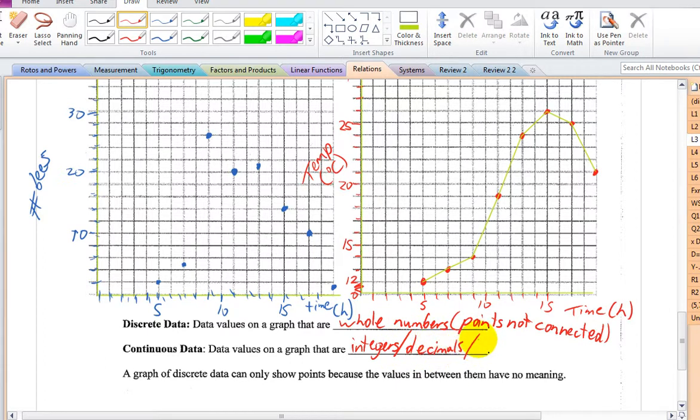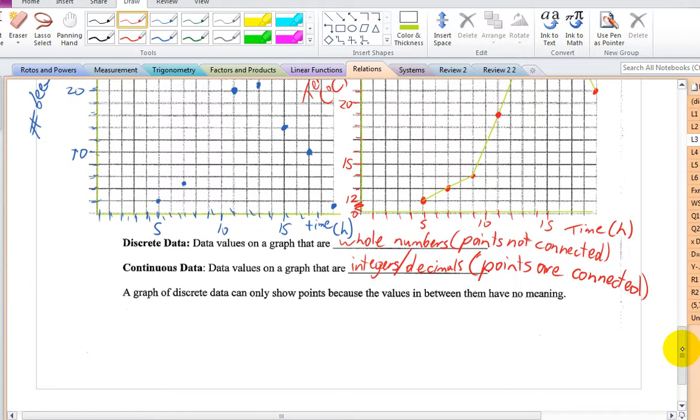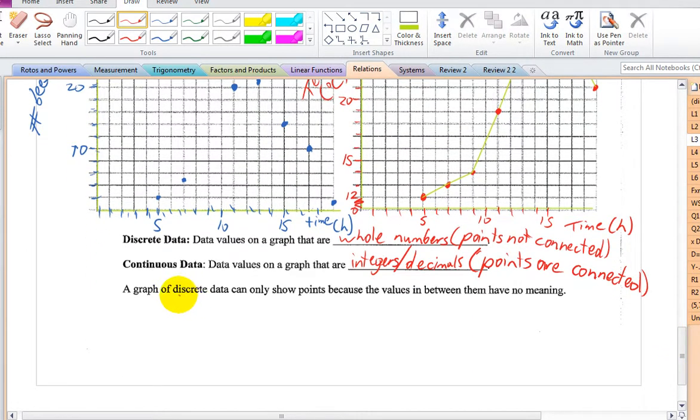And so then the points will be connected. So the reason why is discrete data can only show points because the values in between have no meaning.